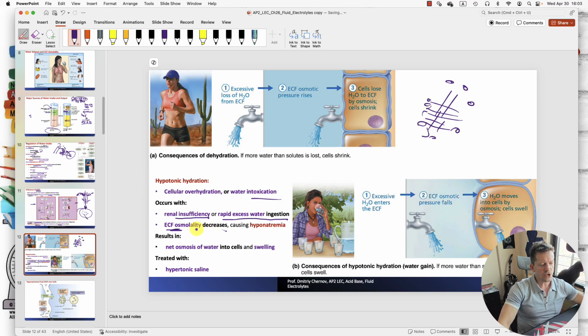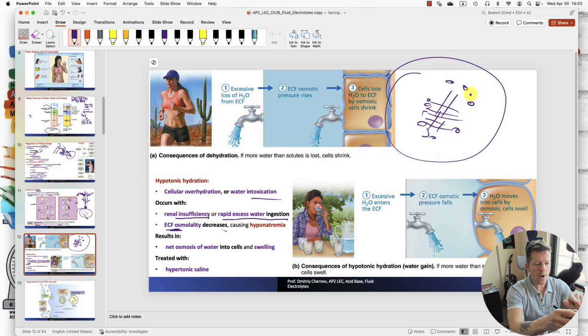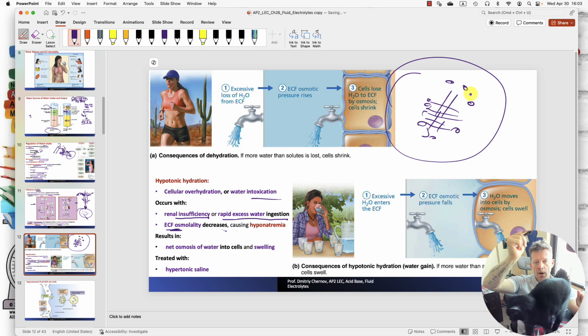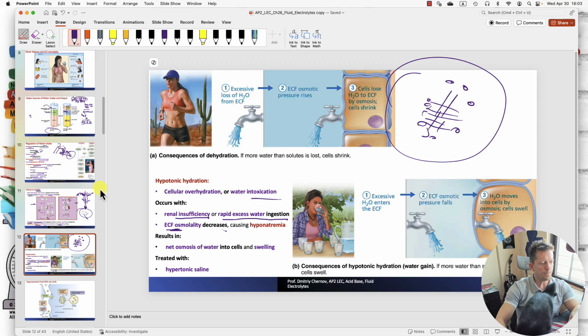But osmolarity decreases because you're keeping water. So now the water concentration compared to the solute concentration is bigger. So there's a higher concentration of water compared to solute concentration. So that decreases the osmolarity of extracellular fluid. That causes hyponatremia.